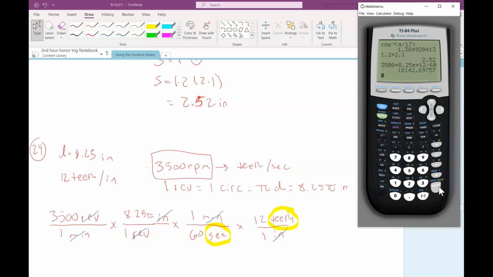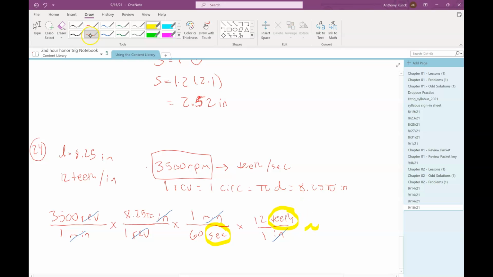I guess it doesn't tell me how to round it, so we'll maybe call it 18,143 or something, right? Is that okay? Yeah, thank you. Sure.